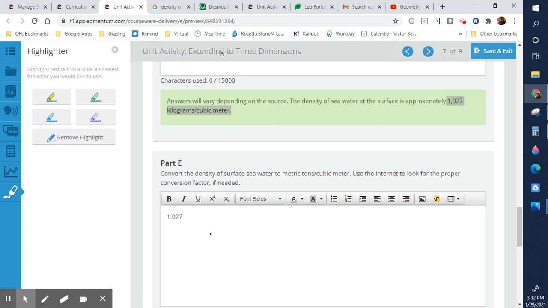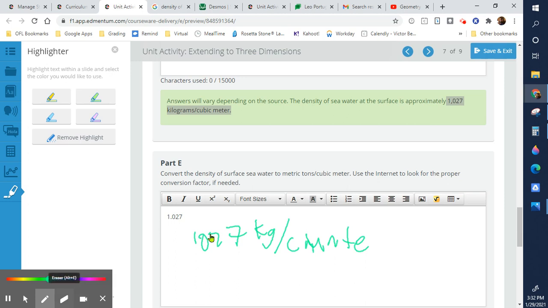And this is in kilograms per cubic meter. So basically what we need to do is change kilograms to metric tons.